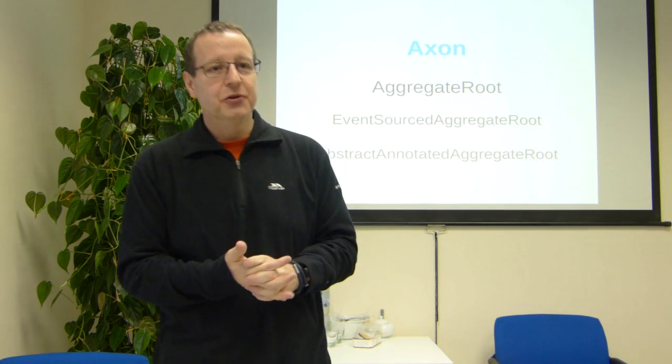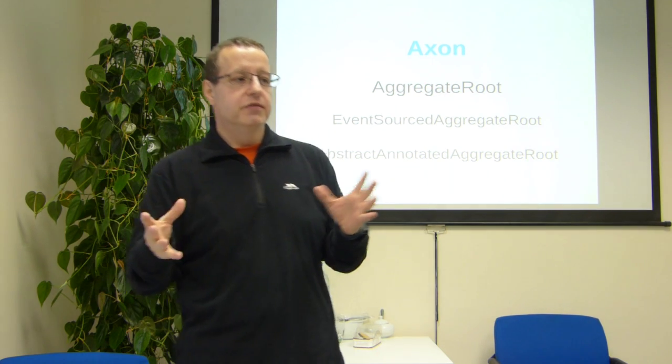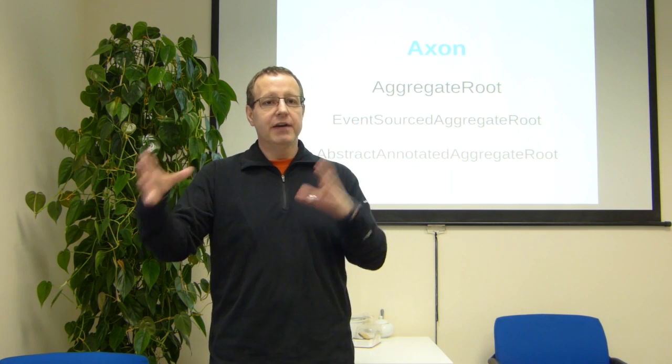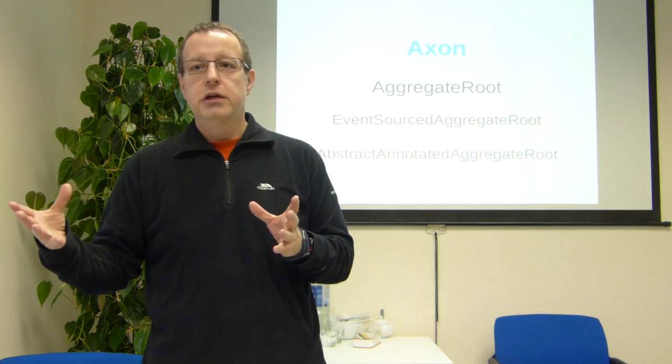And then they've got a concrete class, abstract annotated aggregate root. Bit of a mouthful, but that provides a whole bunch of infrastructure for you for building event-sourced aggregates. So as you'll see in a minute when we actually look at some code, your class is pretty much just the business logic and event handling that you would expect.